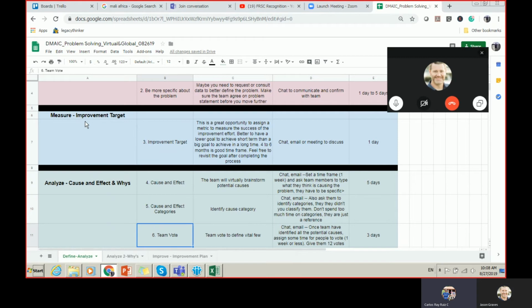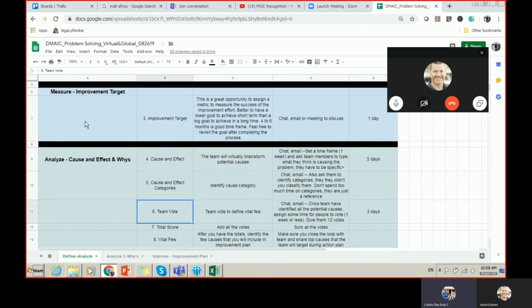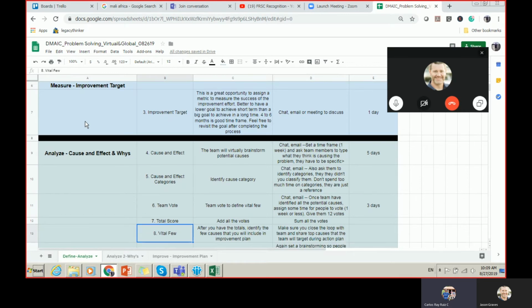And then step 6 is going to be a team vote. Once you guys have collected all the different potential causes of why we are having this problem, then the team is going to vote so that you identify the vital few items that are causing this particular problem.